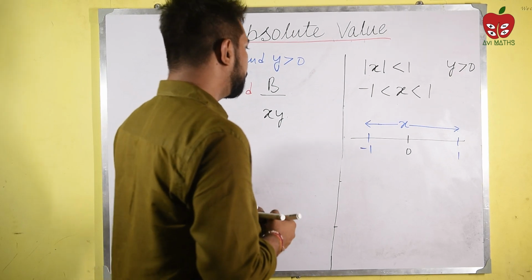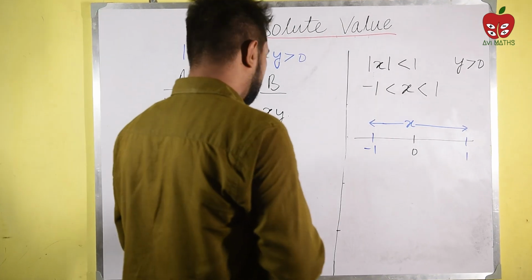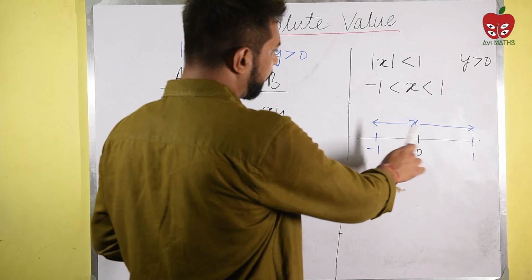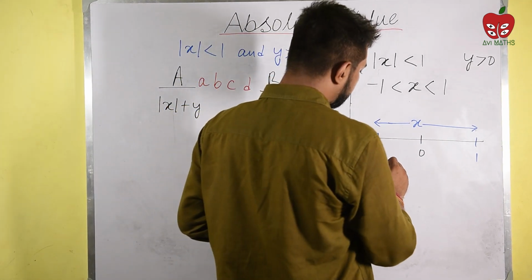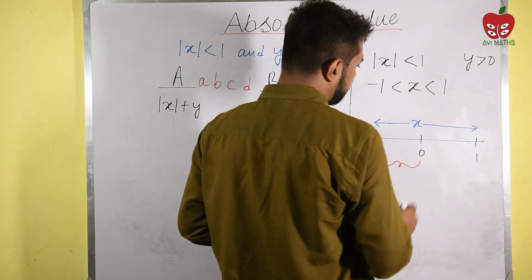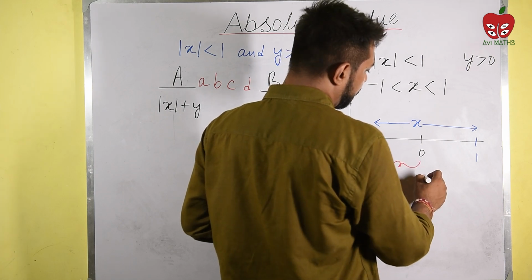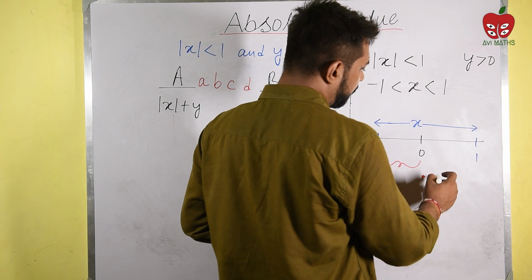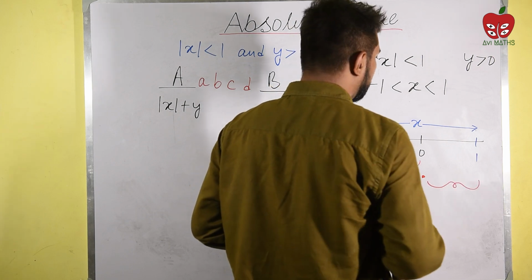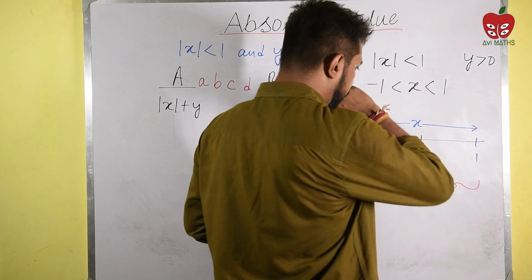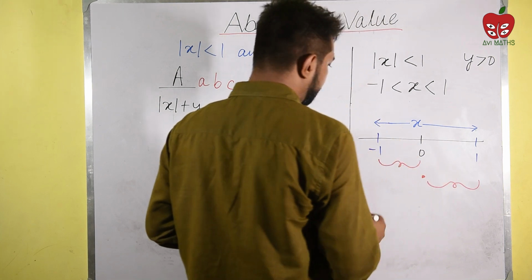So I am dividing this entire range of x from minus 1 to 1 in three parts, right? First part is from here to here, excluding 0. Another is including 0, second part. Third part is excluding 0, from 0 to 1. So let me write the first part.